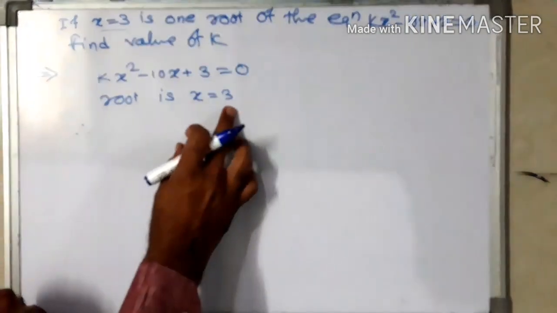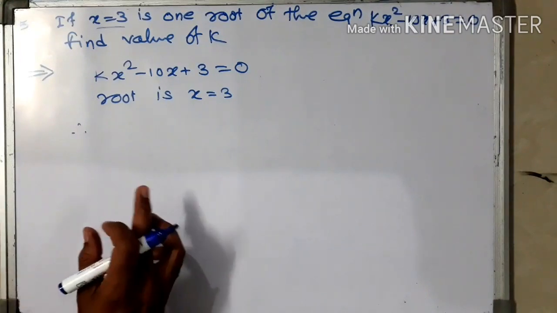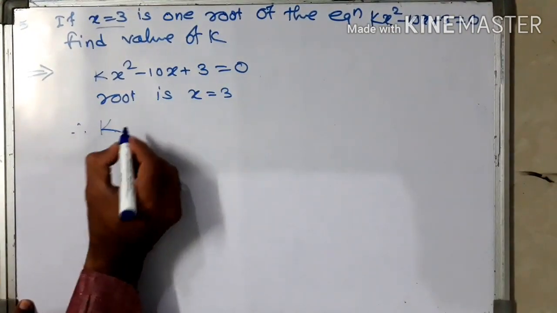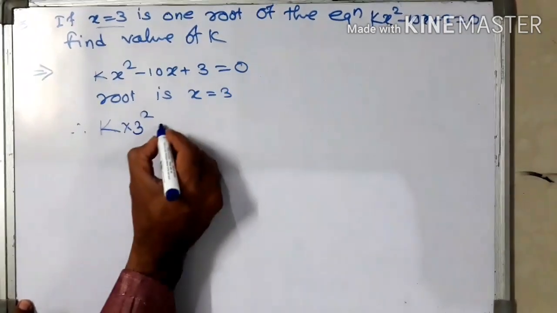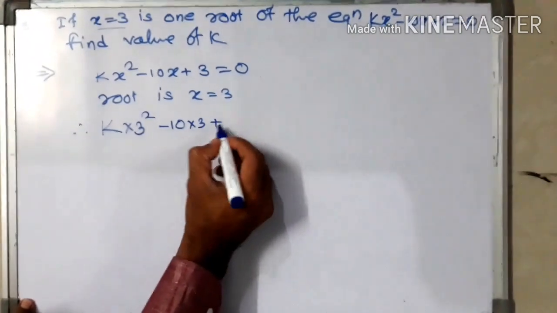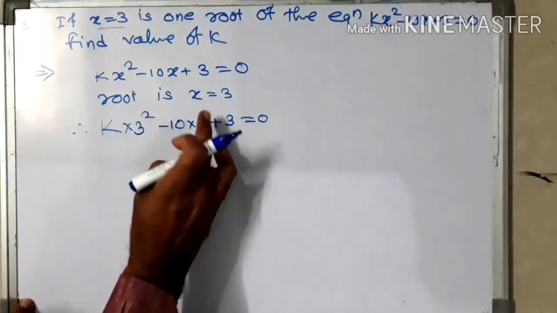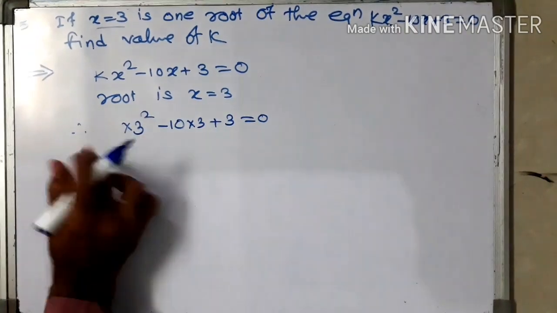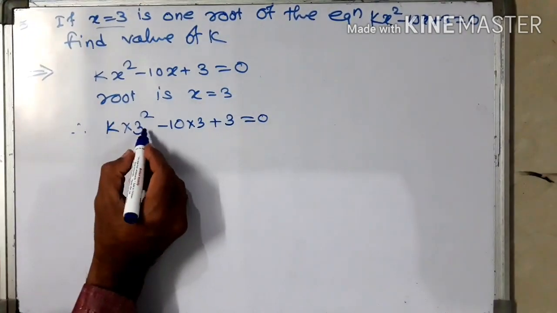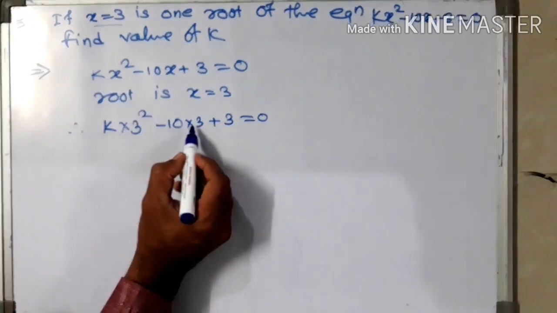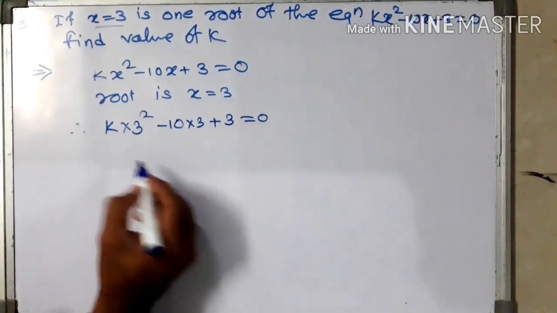When we put value 3 in the equation, then the equation gets satisfied. K into 3 square minus 10 into 3 plus 3 equals 0. We substitute value of x as 3, so k into 3 square minus 10 into 3 plus 3 equals 0.